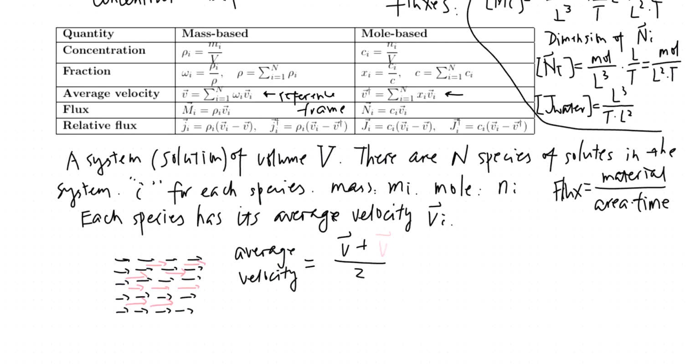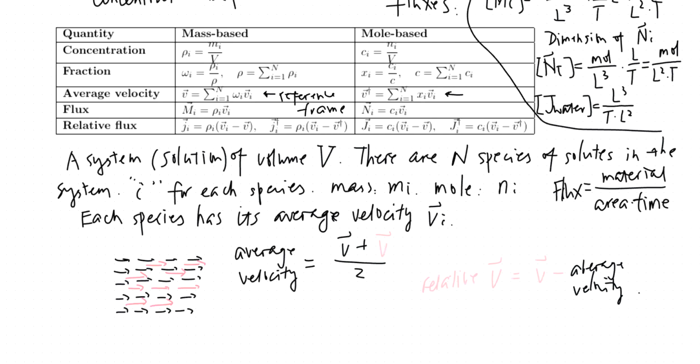Now the relative velocity of the pink one will be its velocity subtracted by the average velocity. Let's use numbers.